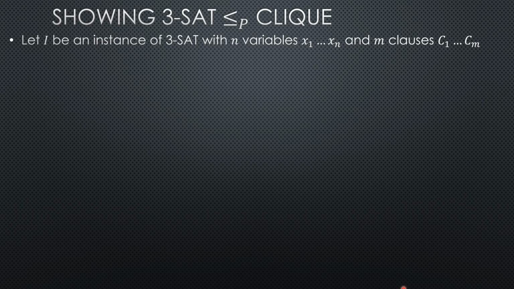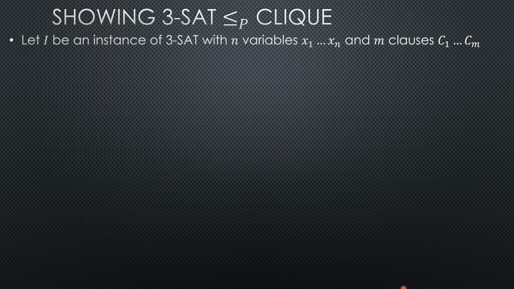Let I be an instance of 3-sat. What is 3-sat? It's a Boolean formula that consists of a bunch of variables that appear as literals, which are either the positive variable xi or the negation of that variable, not xi, and those literals appear in clauses.